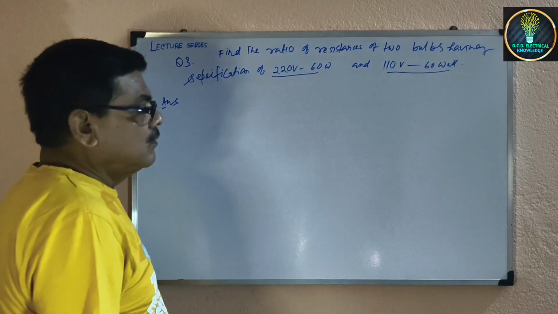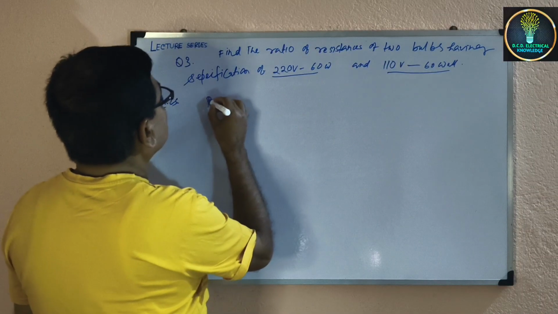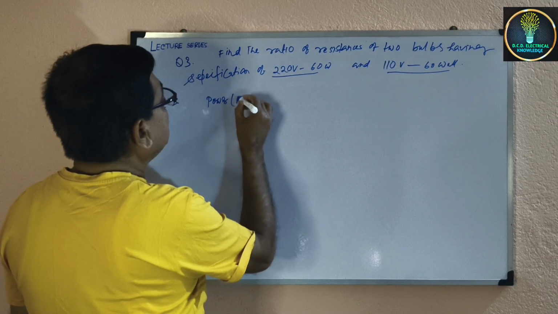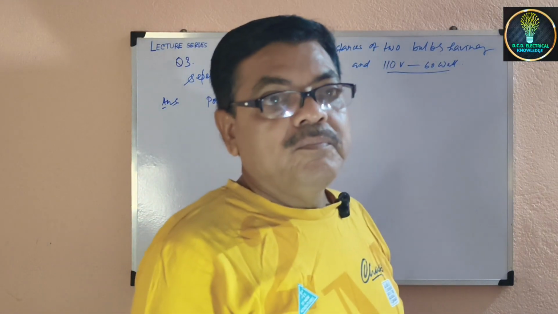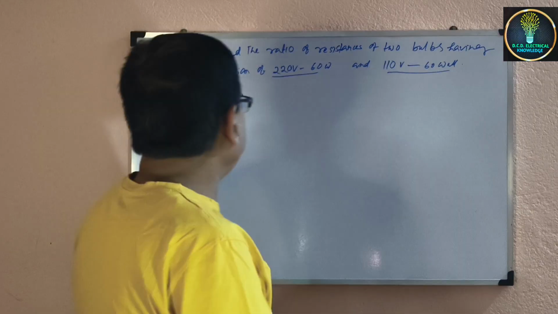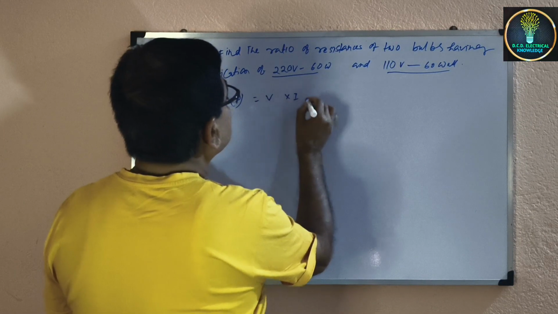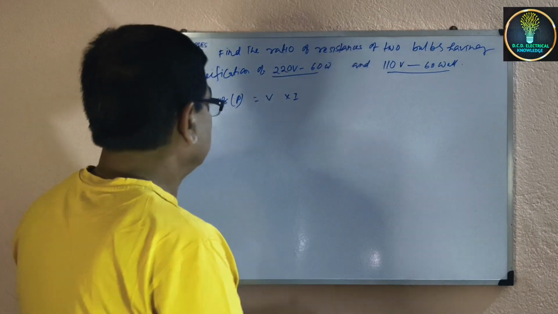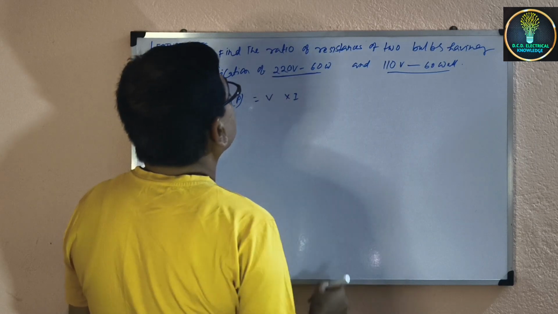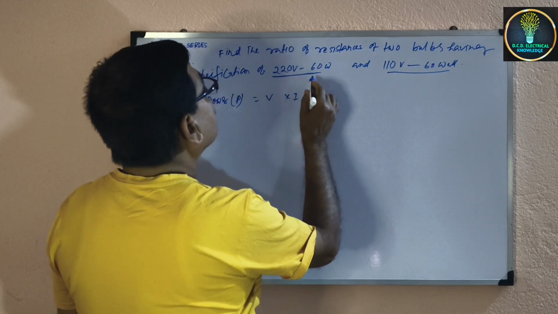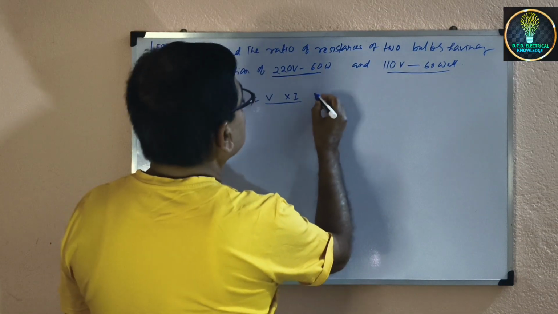Now we know that power P is equal to V multiplied by I. Here voltage is given, so we can write this formula in terms of voltage.